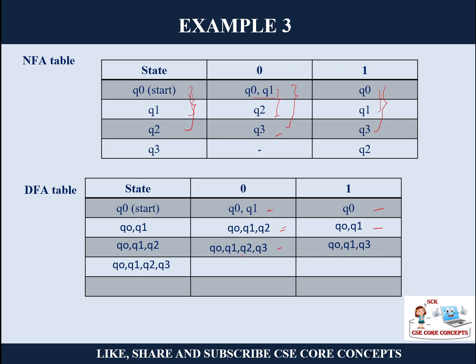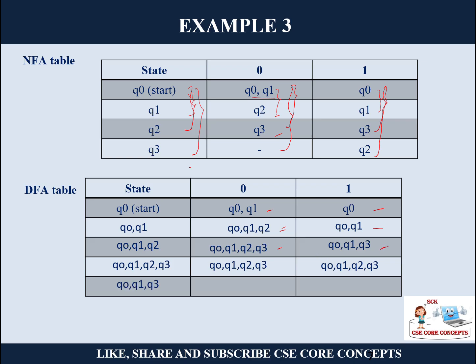So let's do it. Q0, Q1, Q2, Q3, all 4. With 0 input it will lead you to Q0, Q1, Q2, Q3 because this is anyway null. And with 1 it will again lead you to the same Q0, Q1, Q2, Q3. Fine. Now this is done, but this is left, Q0, Q1, Q3.